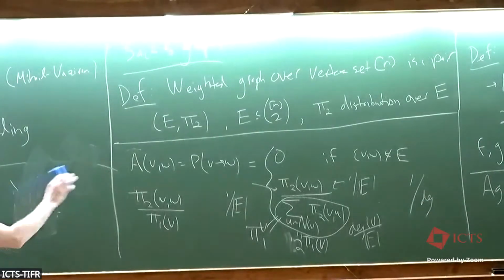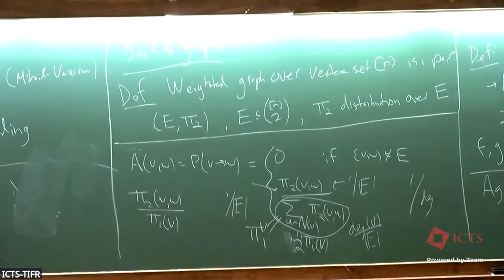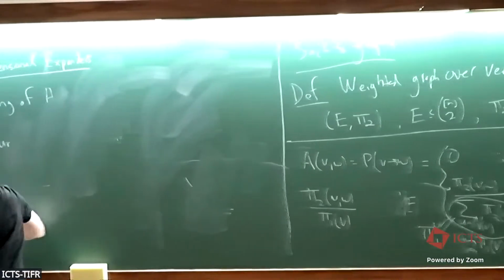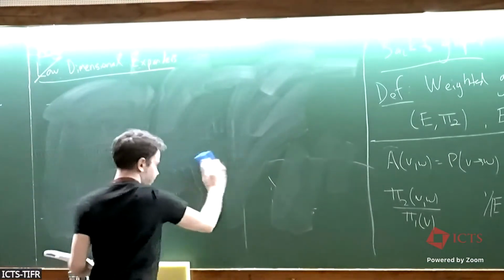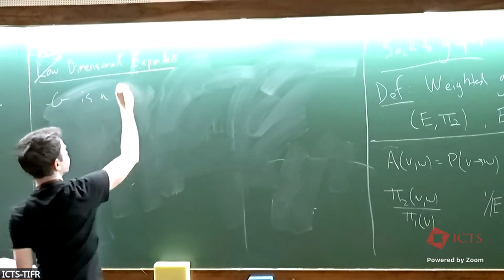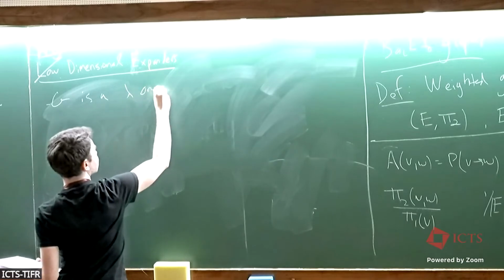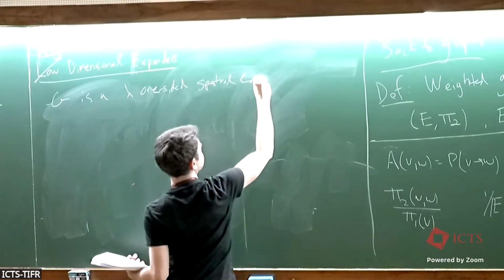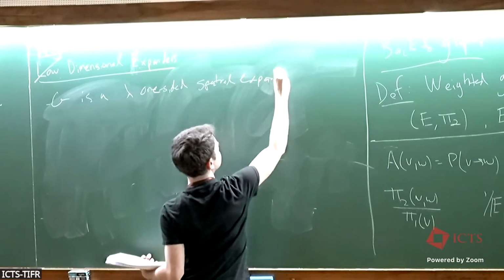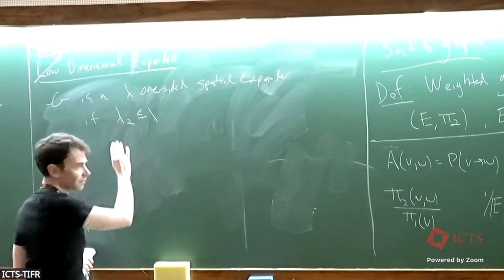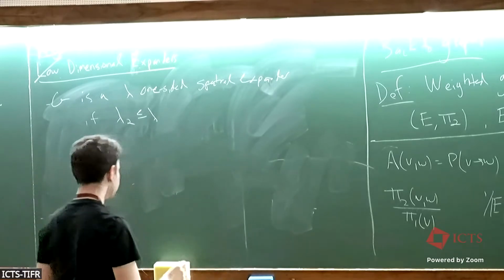So now that this is self-adjoint, it has a spectral decomposition, and we can define expansion as we did before. So I'll write it to remind us: G is called a lambda one-sided spectral expander if lambda 2, the second eigenvalue of this normalized adjacency matrix, is at most lambda.